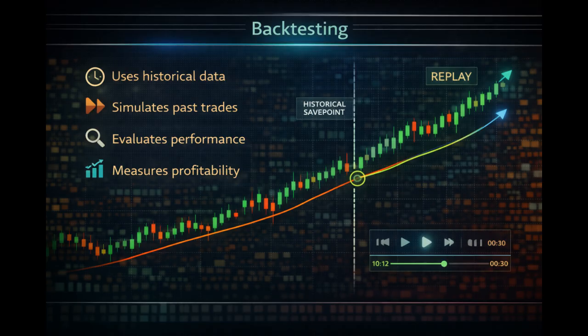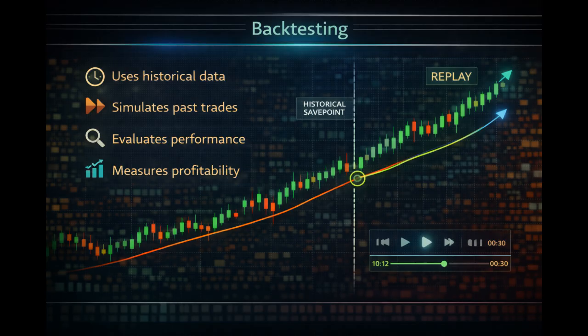Poor data quality can produce misleading results. Market conditions. Market conditions constantly change. A strategy that performed well in the past may not perform similarly in the future. For example, a Renko strategy that worked during a strong bull market may struggle during sideways or highly volatile markets.